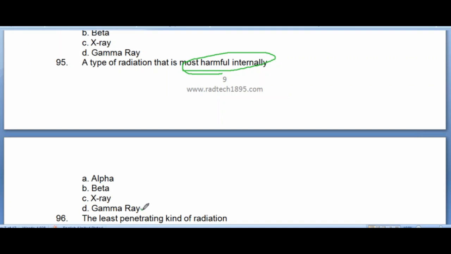So, gamma rays, bihira lang itong pumapasok sa katawan dahil ito ay very energetic, so it penetrates our body. X-rays, ganun din. Beta, ganun din dahil medyo magaan. Then, yung ating alpha, ito ay mabigat. So, alpha is like a helium with a mass of 4 and a charge of 2. Dahil mabigat siya, mahirapan na siyang makalabas. So, alpha po yung tamang answer.